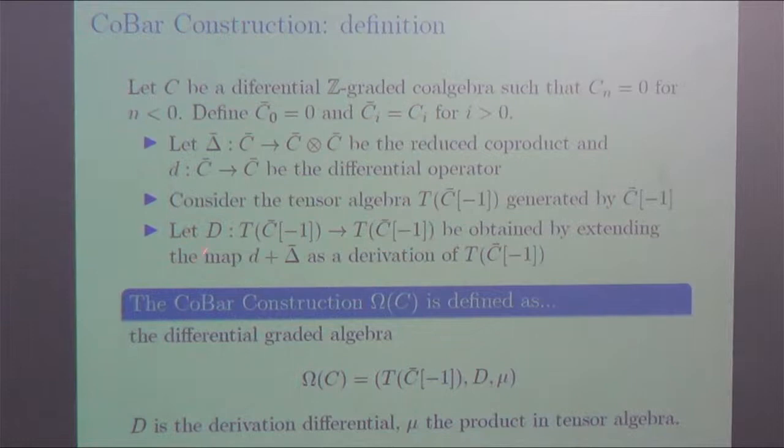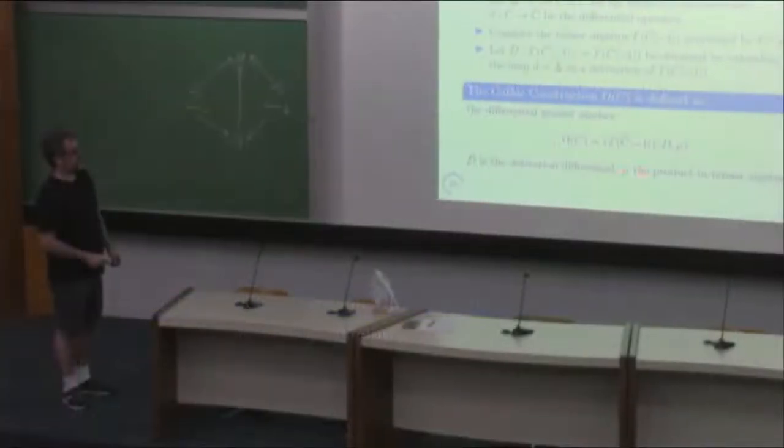So you have a derivation differential, a differential that is a derivation. So that's your cobar construction. You take the suspension, you take the reduced coalgebra, you take the tensor algebra generated by this with the differential that you built here, and the product is just the product in the tensor algebra.